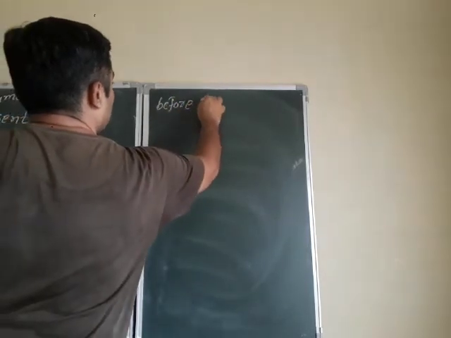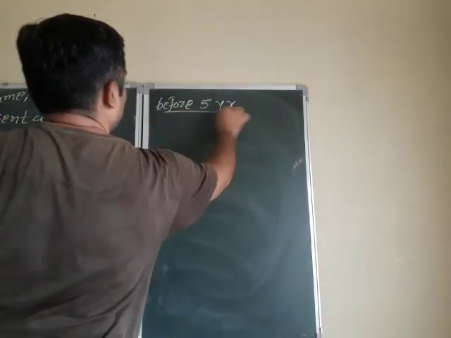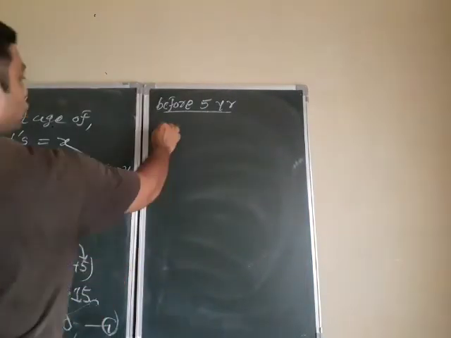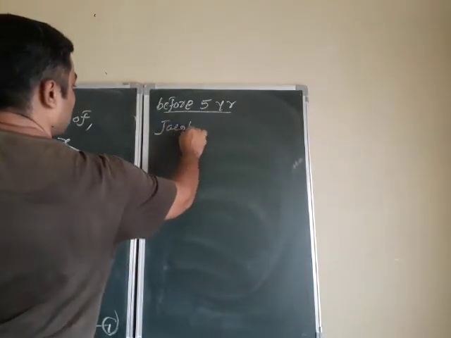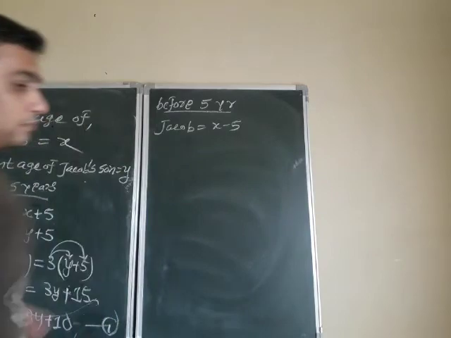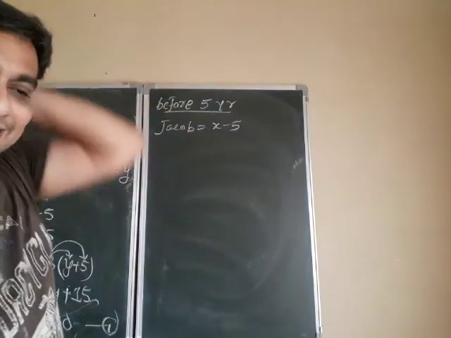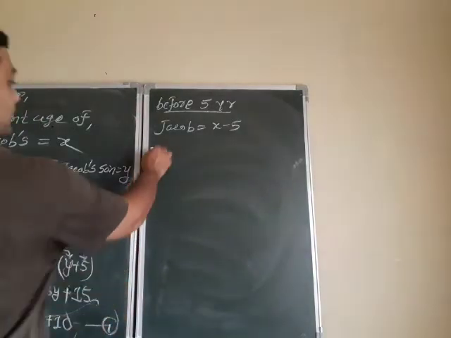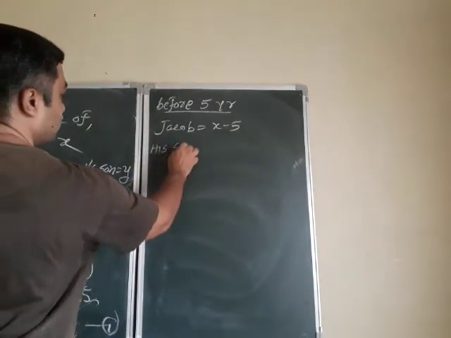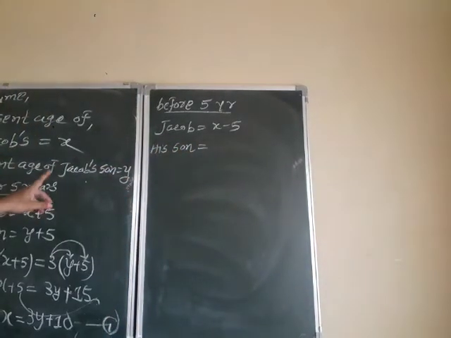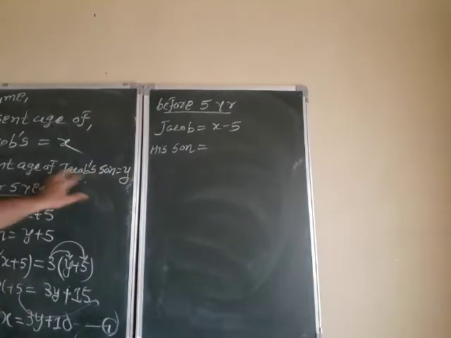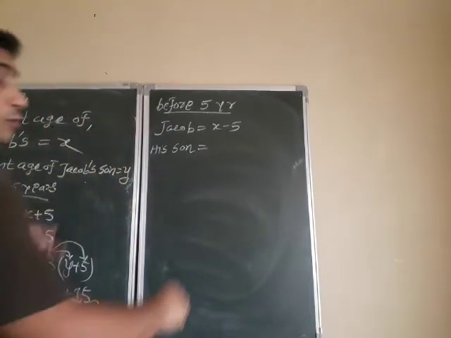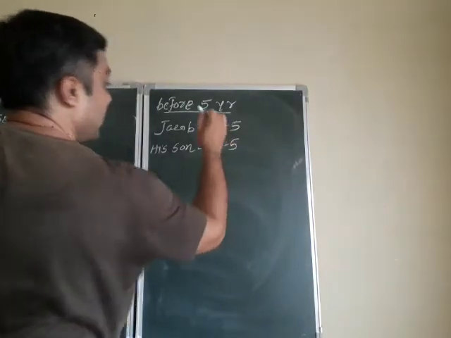Nice. See, before 5 years Jacob is equal to x minus 5. Before 5 years, at present it is x, so before 5 years he was x minus 5. And his son, at present his son is y, so before 5 years his son was y minus 5.